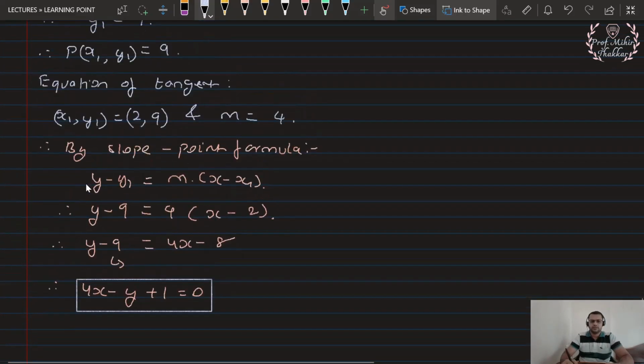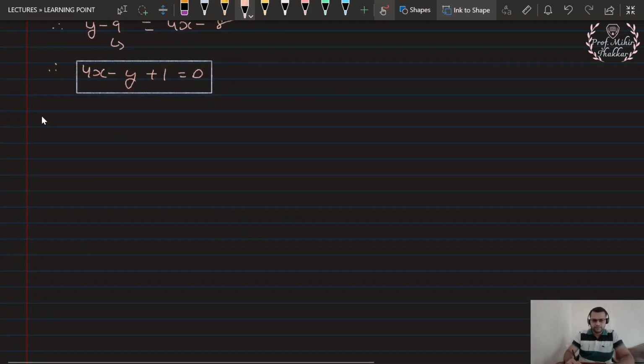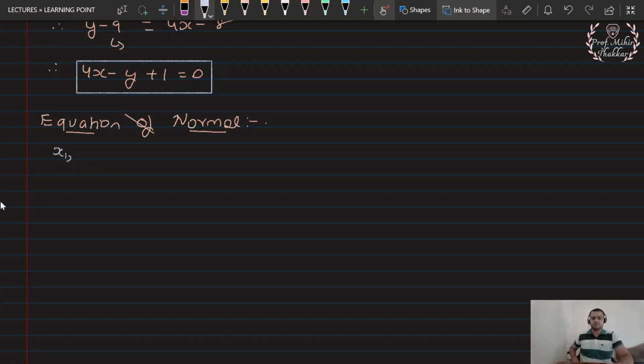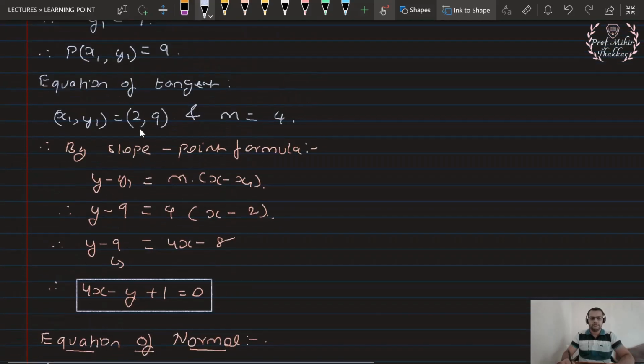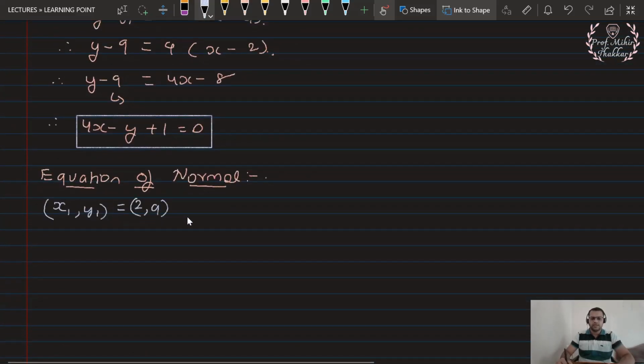equation of the tangent. Now we can find out the equation of the normal. The point P(x1, y1) remains same, so I can say over here that (x1, y1) is (2, 9), and we had seen that the slope of the normal was minus 1 upon 4.